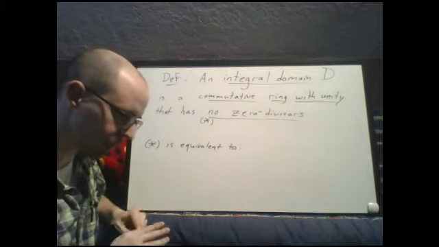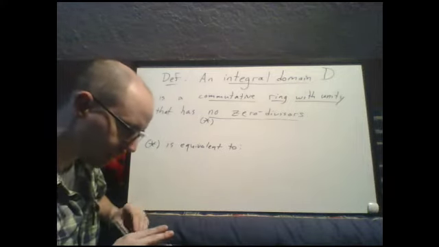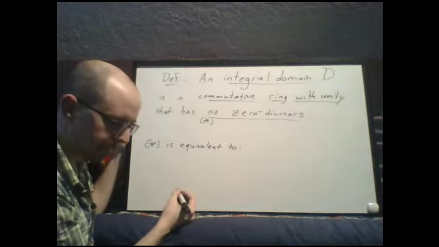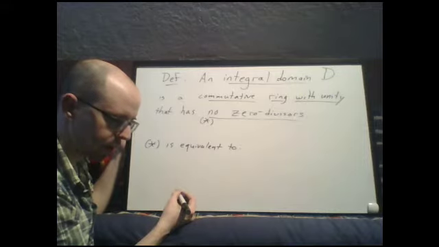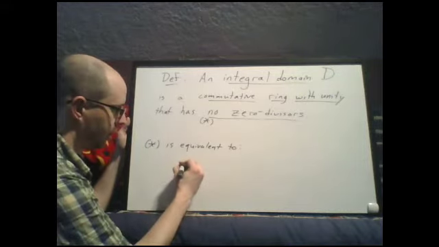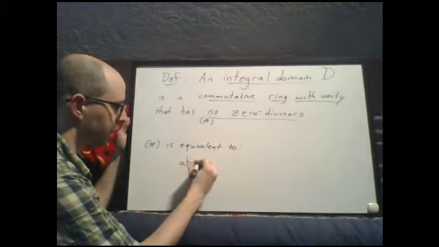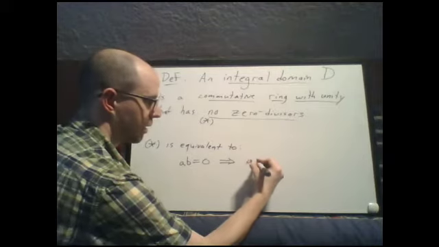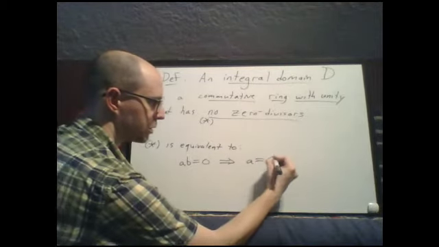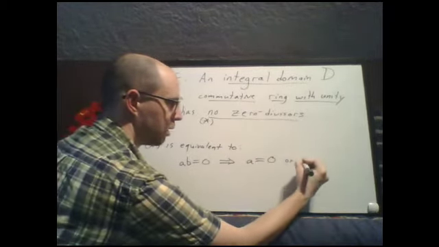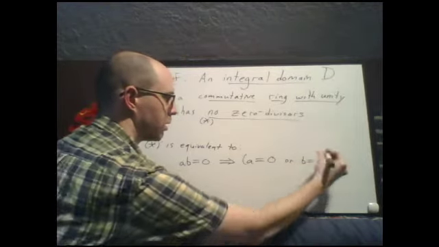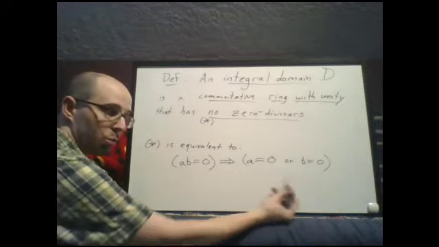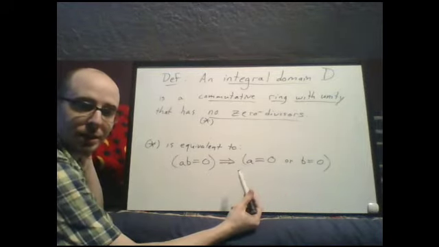So logically, it's equivalent to saying AB equals 0 implies A equals 0 or B equals 0. So if a product equals 0, it implies that one of the factors in the product already has to be 0.